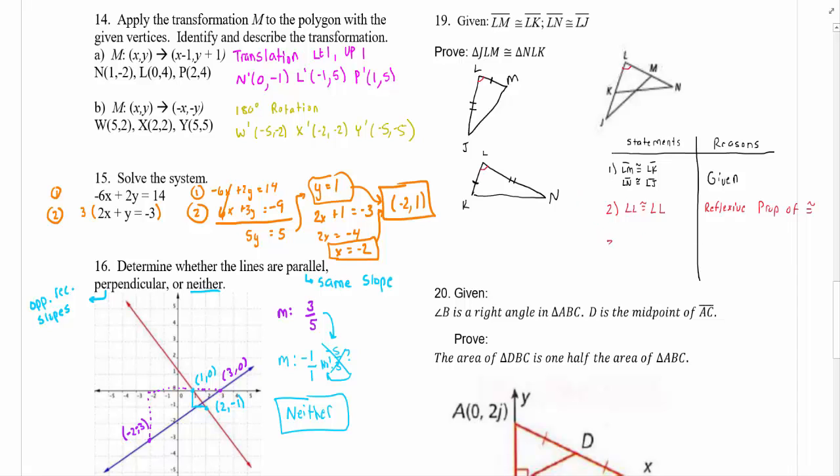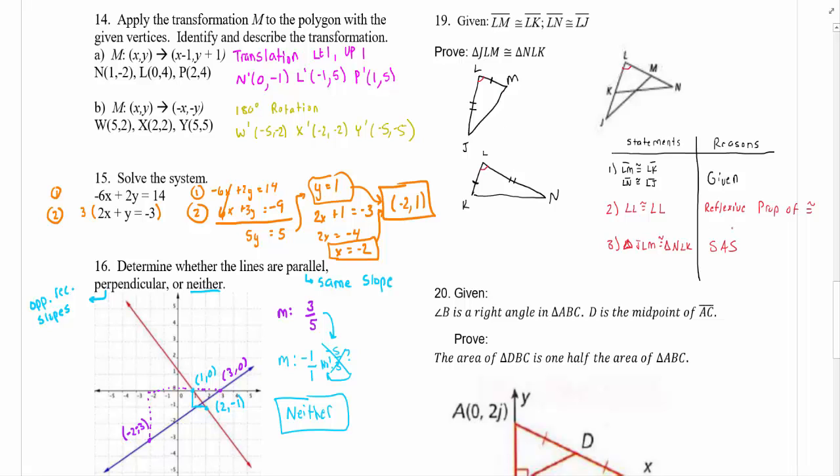So this allows you, in step 3, to say that the triangles are congruent. Triangle JLM is congruent to triangle NLK, and that's by side, angle, side.